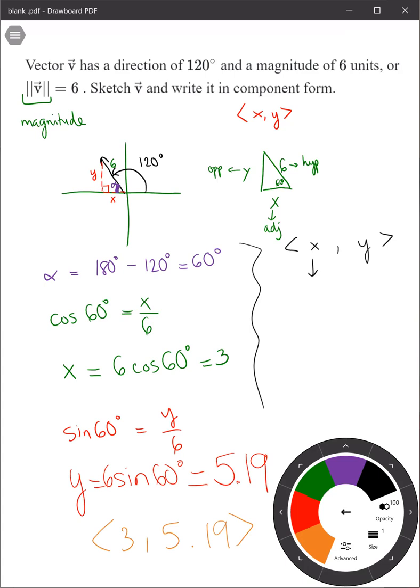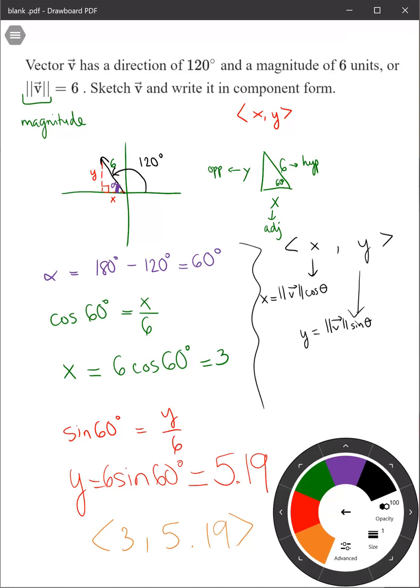Yeah, so basically the x value equals the magnitude of vector v multiplied by cosine of the angle, but note that this angle has to be in the right triangle when you sketch it. And for the y value, y equals the magnitude of vector v multiplied by sine of the angle, but that angle has to be inside the right triangle when you sketch it.